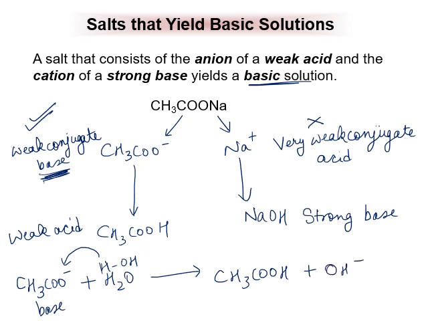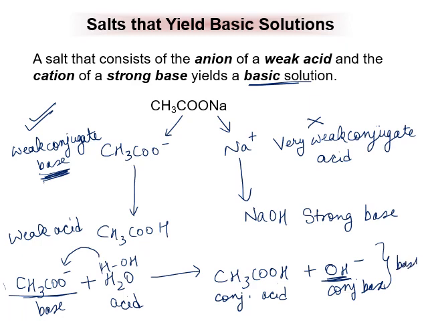So this is a base and this is the conjugate acid. This is acting as an acid. This is the conjugate base. And because when you mix this ion in water, it produces OH minus ions, which means it is a base. So it's a basic solution.